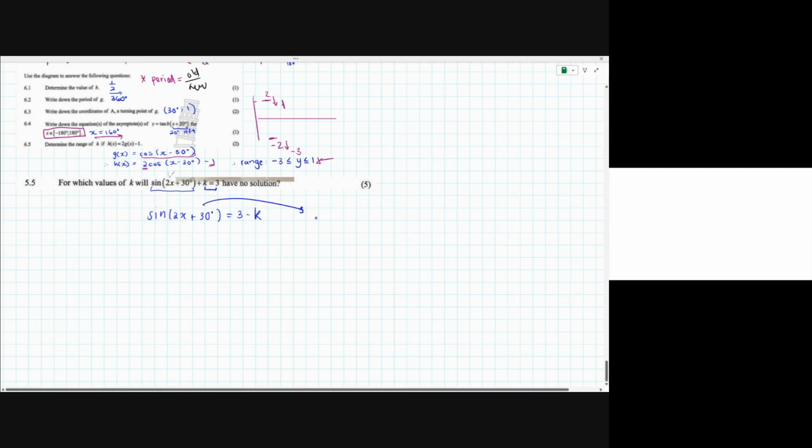If we break it down according to each of the manipulations, this 2x is a period change, and the plus 30 means that we've gone 30 degrees to the left. In terms of the range, it still has a maximum at 1 and a minimum at -1.